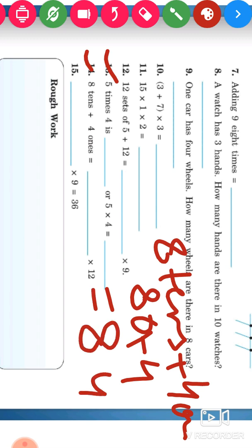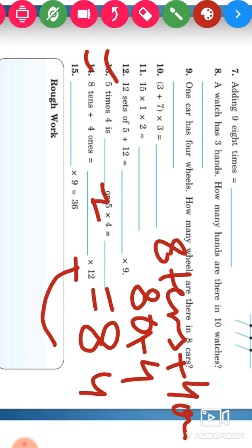So now in the table of 12, what will we multiply to get 84? Tell me the number. In the table of 12, what will we multiply to get 84? 12 sevens are 84.